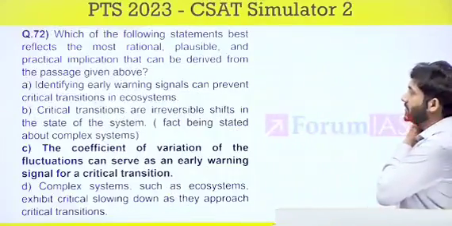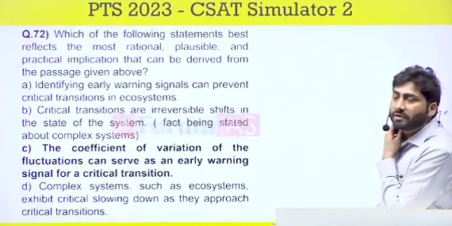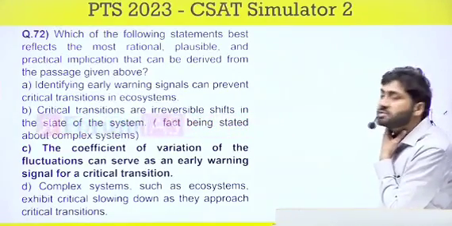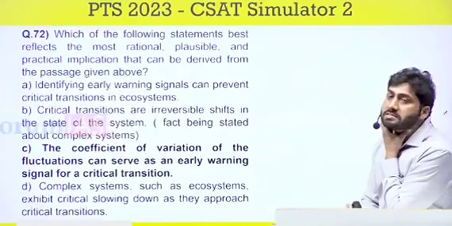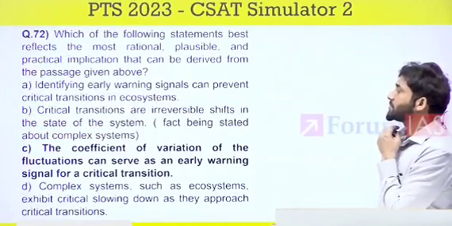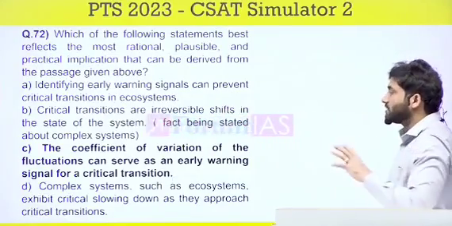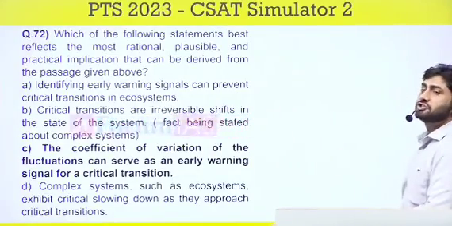So if you see the whole passage, the inclination is towards reading the warning signals, and what the warning signal is, right? So this is the only option: the coefficient of variation of the fluctuations can serve as an early warning signal for the critical transition.